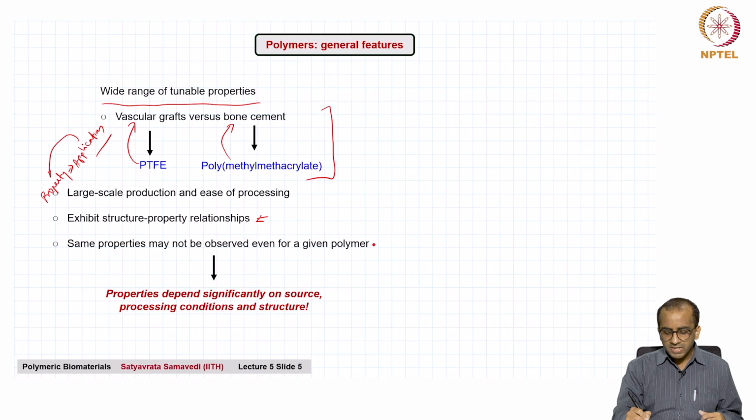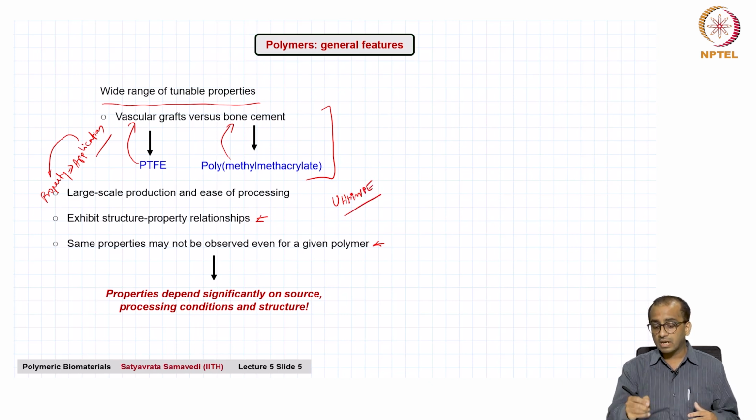The other important feature for polymers is, for the same polymer, you may not be able to observe the same properties. One example that we saw is, we had to specify that the polyethylene used in the liner for the hip was ultra high molecular weight polyethylene, which is chemistry wise, if you think about it, not very different from the polyethylene bags that you probably use.